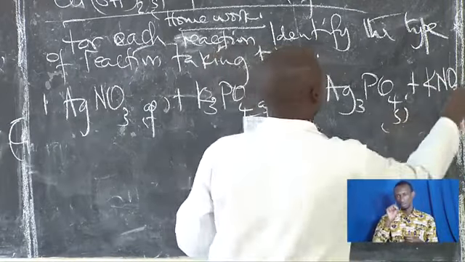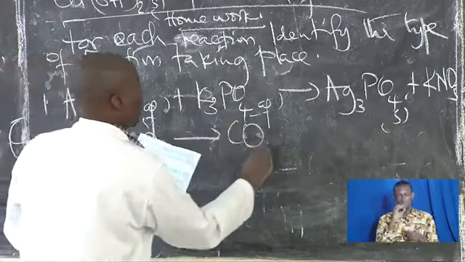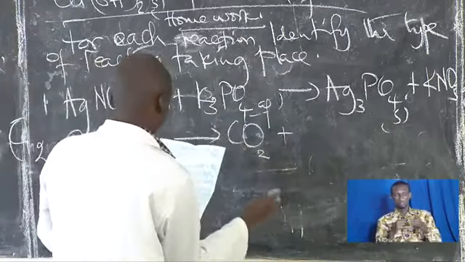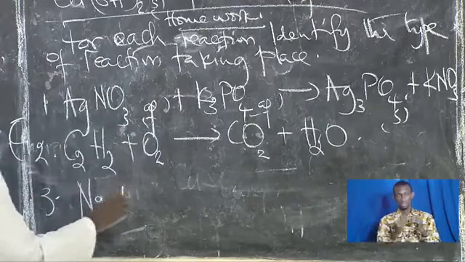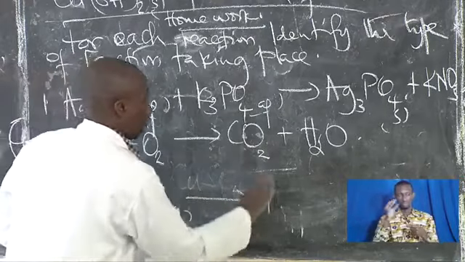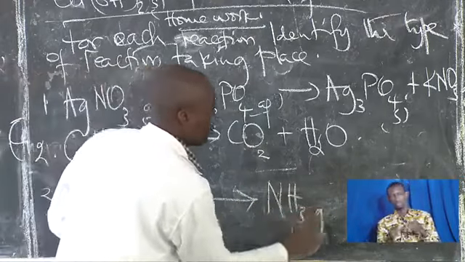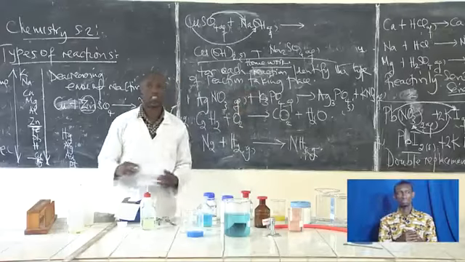Number 2, C2H2 plus oxygen gives carbon dioxide and water. Number 3, nitrogen and hydrogen giving ammonia gas. So you identify; this is the exercise that you're supposed to do.